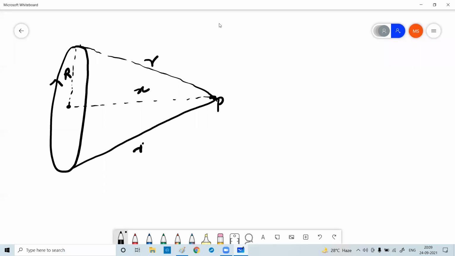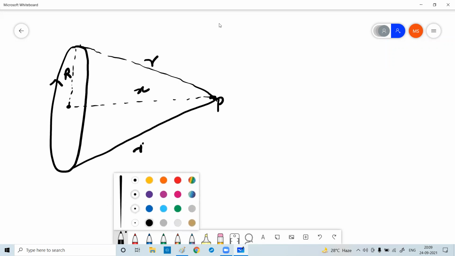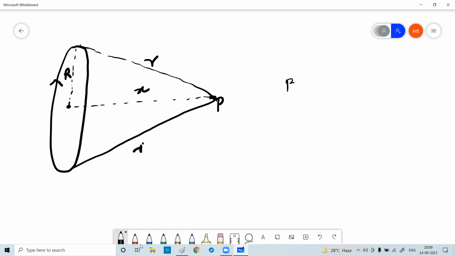Is it clear? So tell me, which law did we study? We found it out for a line. Which law did we study maybe two or three classes before? What was the law called? Did you forget?